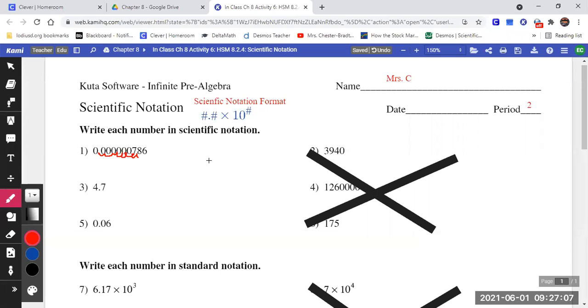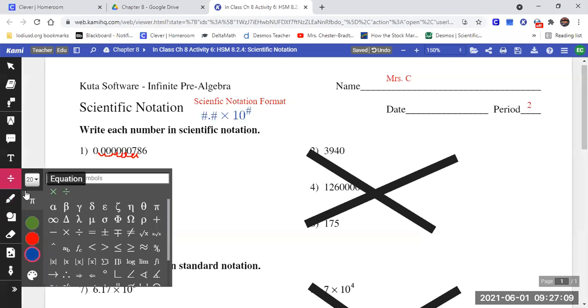So how many jumps did we take so that we got a single number in front of the decimal point? Let's see. 1, 2, 3, 4, 5, 6, 7. I don't think it was 8. 1, 2, 3, 4, 5, 6, 7.